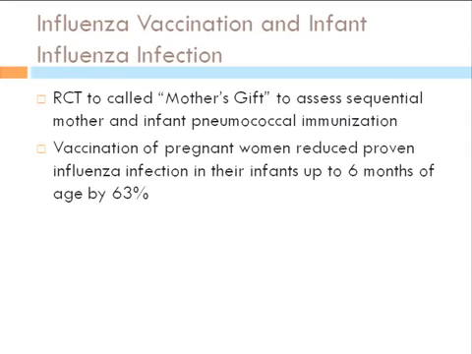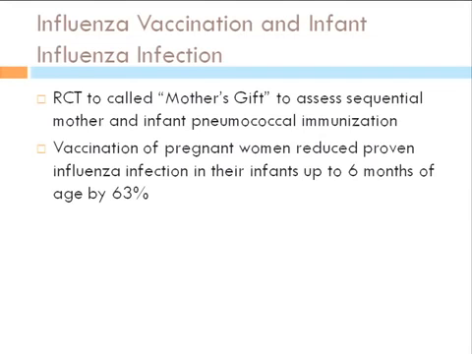In this case, they were pregnant women, randomized to either get the pneumococcal immunization, which was the exposure of interest. They wanted to see what the effect of pneumococcal immunization would be on mothers and their infants for pneumonia, or you randomize them to be the control group.